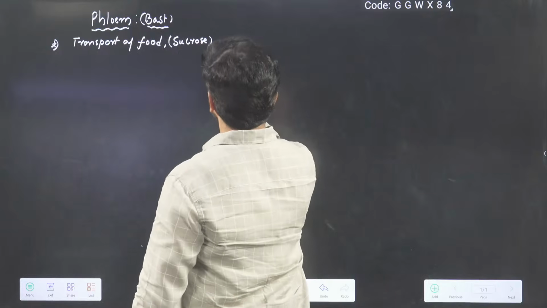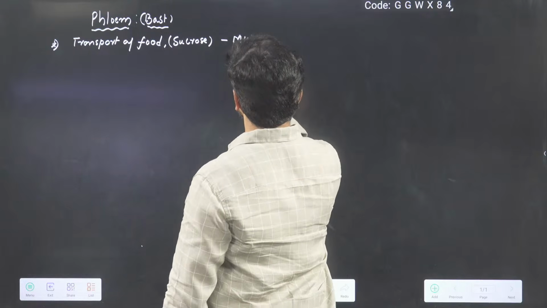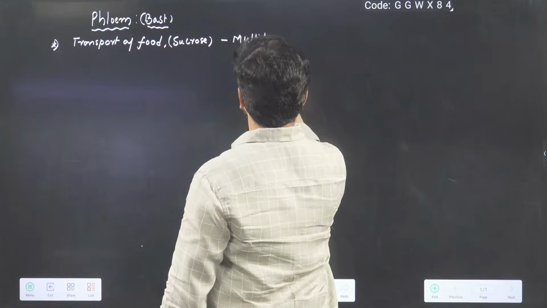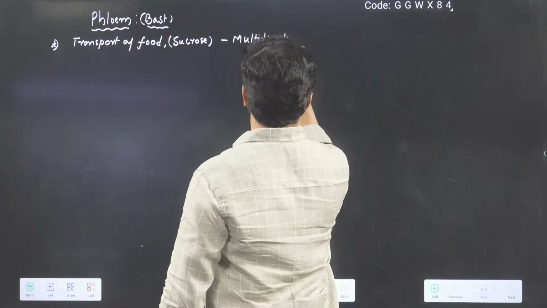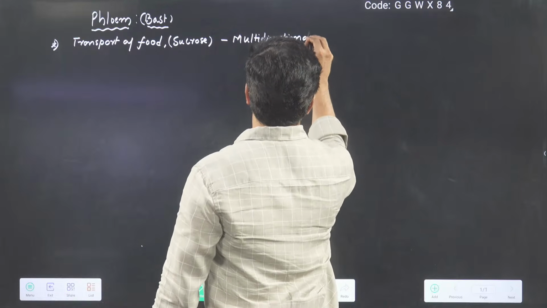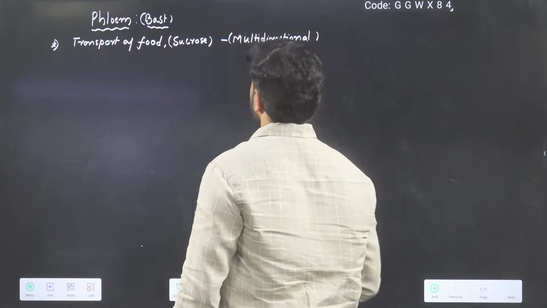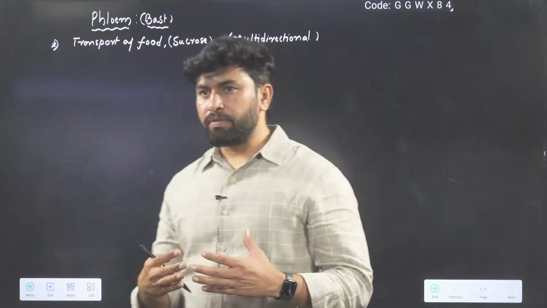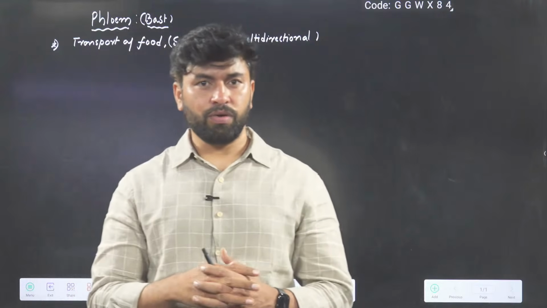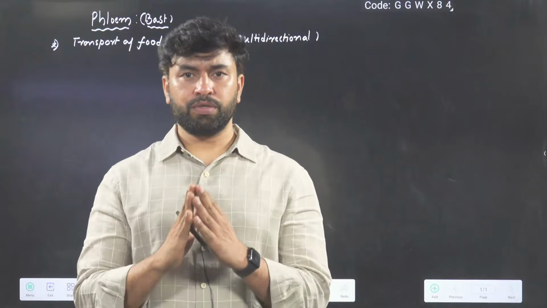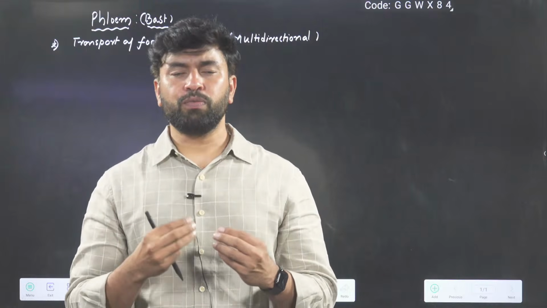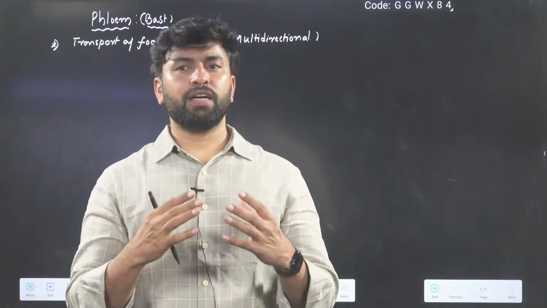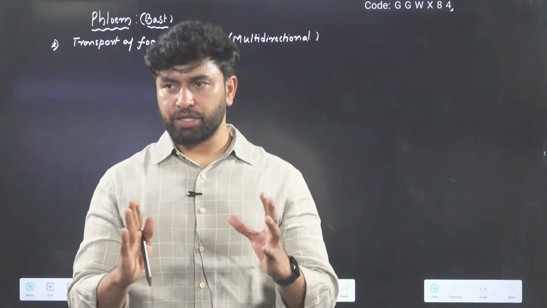Next one. The mode of transportation is always multi-directional, which means, as we have seen earlier, the plant can transfer water from root to leaf unidirectionally through xylem. But when it comes to phloem, the transportation is multi-directional.